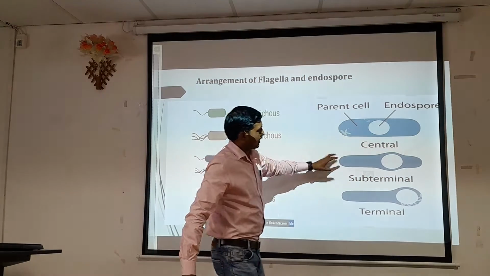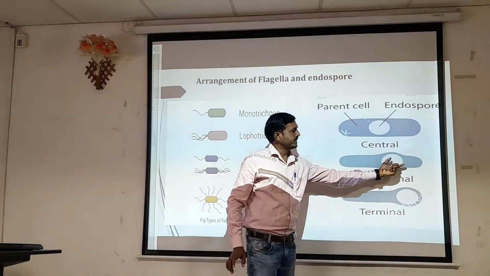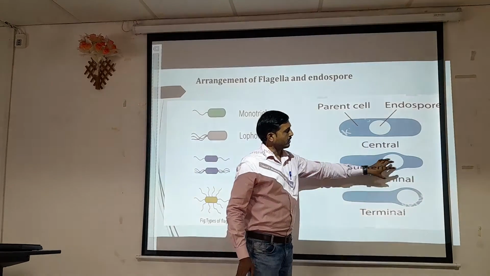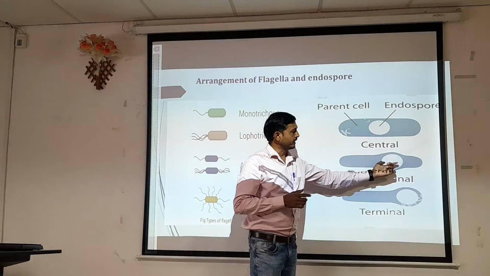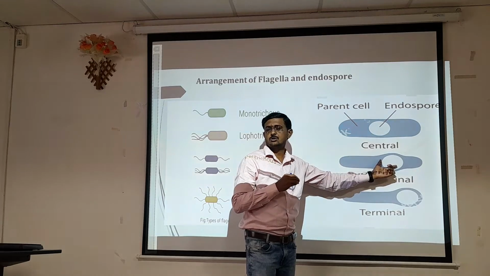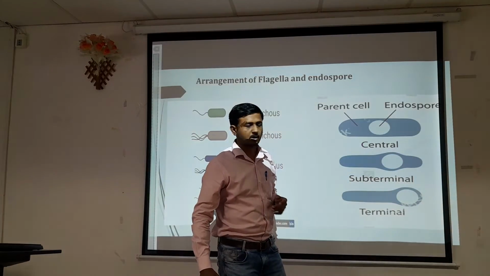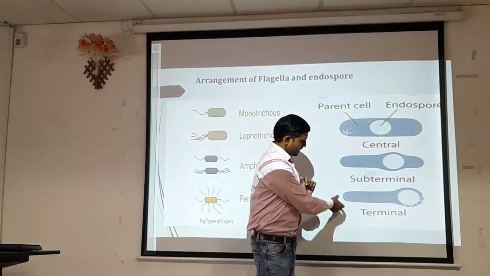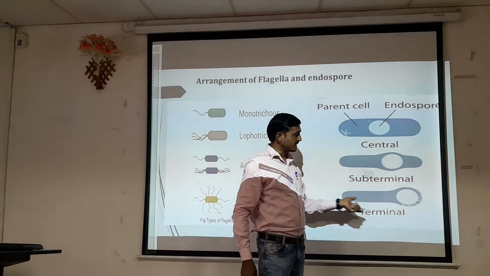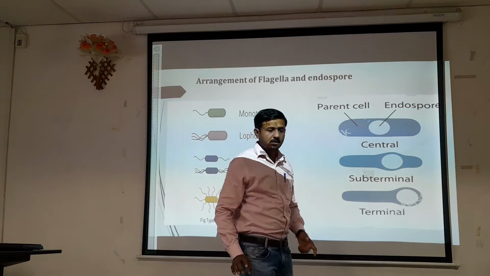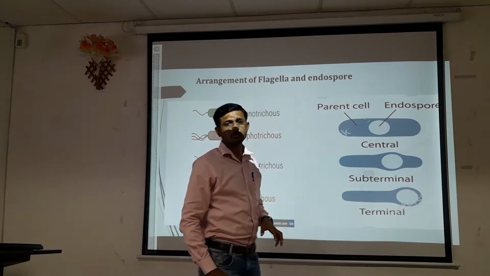If the spore is present near one end but not at the terminal, the location of the spore is called the subterminal position. Sometimes the endospore is present at the end of the bacterial cell; it is called a terminal endospore.